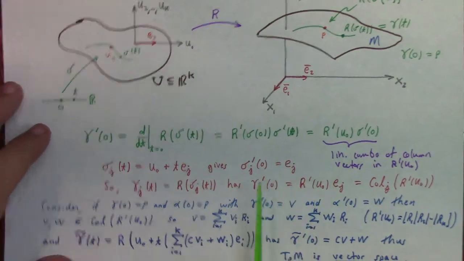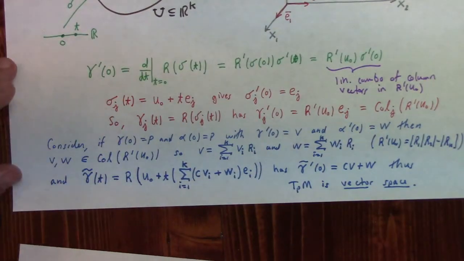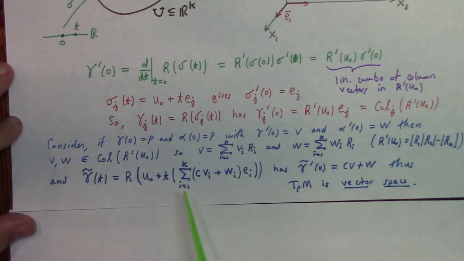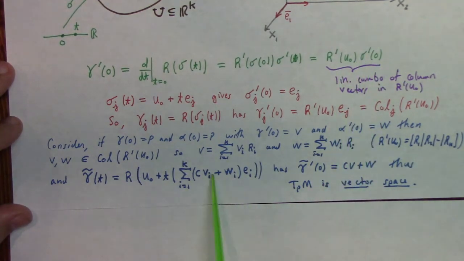So I take the coordinates from the given vectors and I just build this line down in the domain of the patch, and then it's fairly easy to see, because of the calculation that I just gave here, that gamma tilde prime of 0 will be cv plus w.